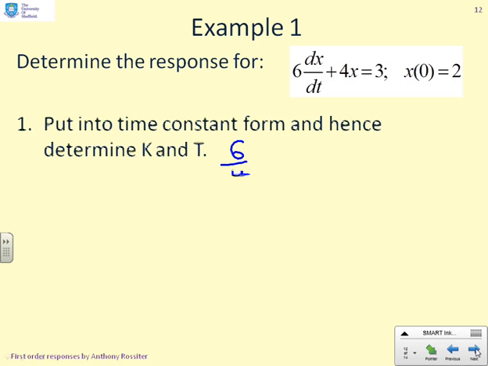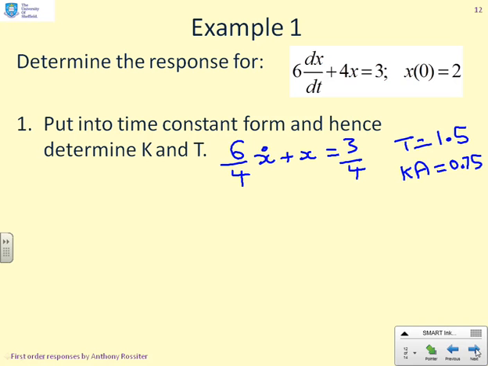So we've got 6 over 4 x dot plus x equals 3 over 4, and so I've got T equals 1.5, and in this particular case k and u were all linked together, so I've got kA equals 0.75. Okay, so I know the steady value is 0.75, I know the time constant is 1.5, and I know that x of 0 equals 2.